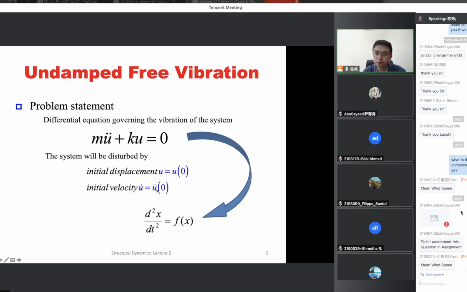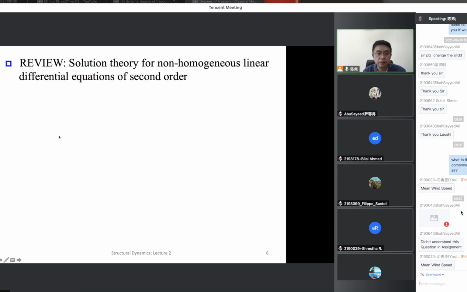This is actually a differential equation, a second order non-homogeneous linear differential equation. If you need the complete solution for this equation, we need to know how to solve it. So let me review this. This should be knowledge from advanced mathematics.